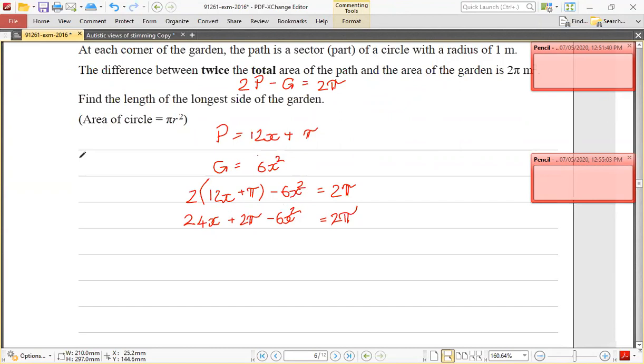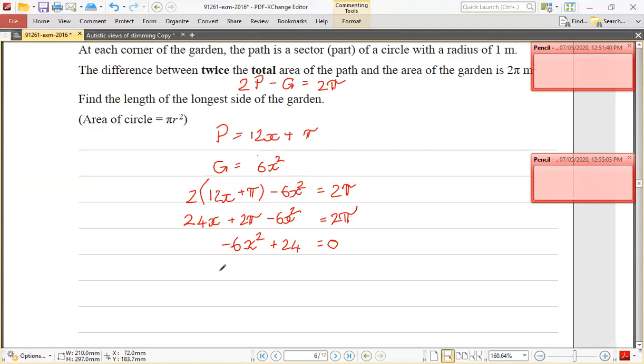So that means we can rearrange it, and we've got minus 6x squared plus 24x. What do you do with the 2 pi's? Oh, they cancel out. So they cancel out, and we've got this.